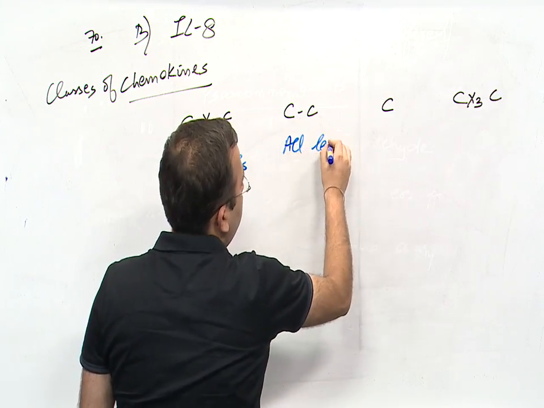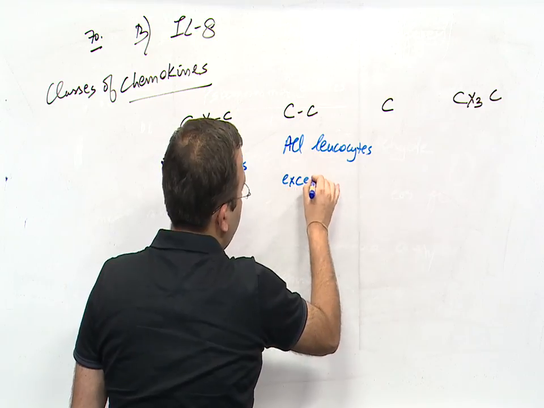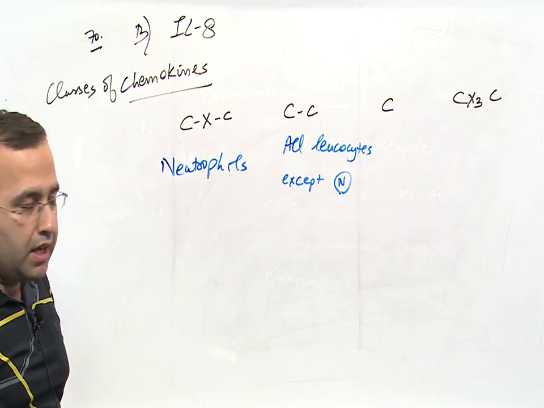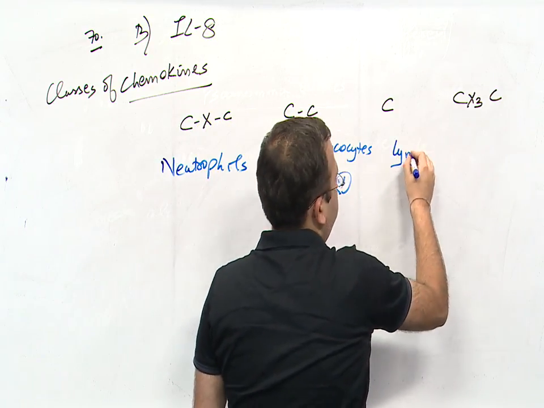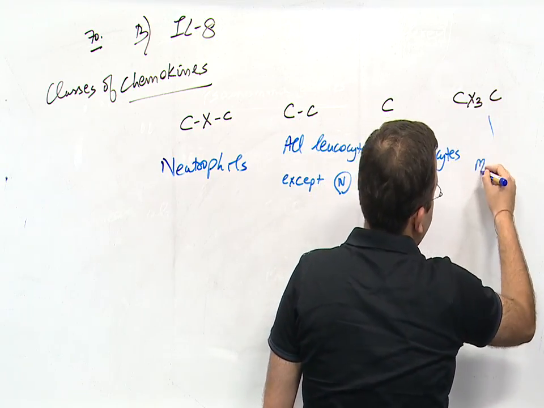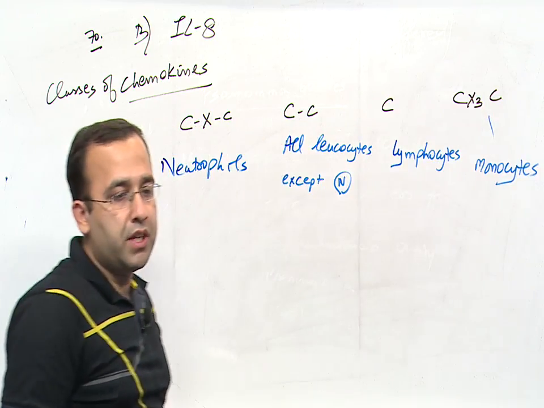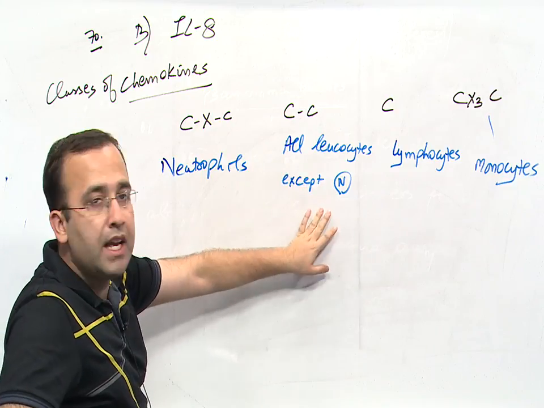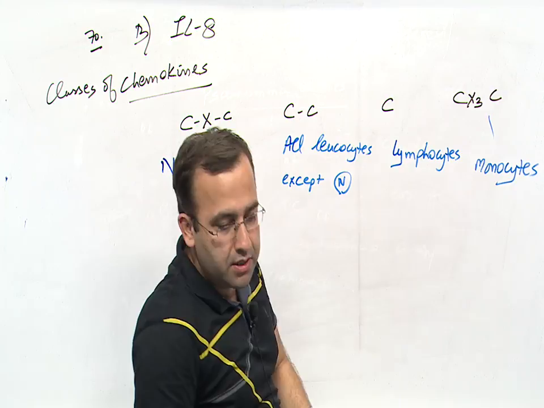CC is for all leukocytes except neutrophils. C is for lymphocytes, whereas CX3C is for monocytes.